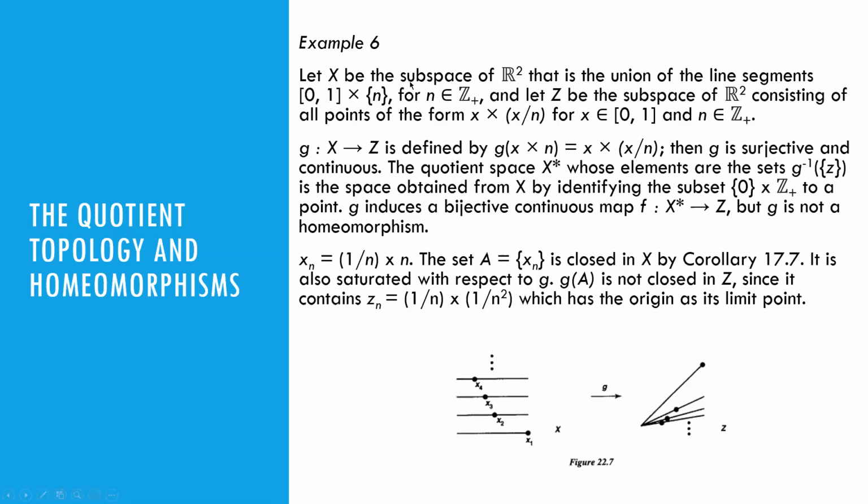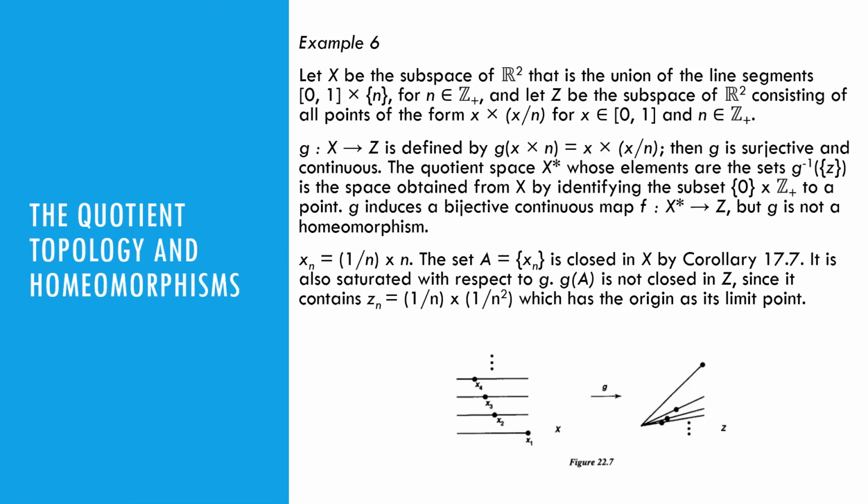If X is our subspace of R squared, which is the union of the line segments [0,1] cross {n}, for n a positive natural number, and Z is the subspace of R squared consisting of all points of the form x cross x over n, for x in the interval [0,1] and n in Z plus.